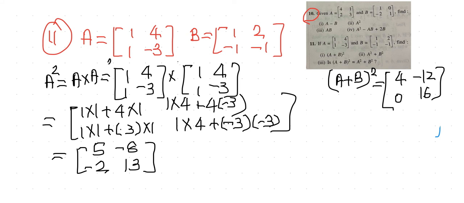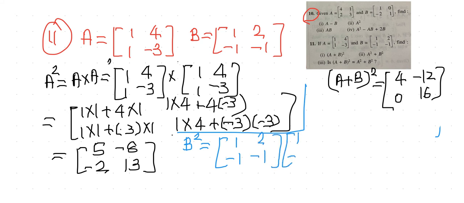And now we'll be moving to b square. So I'll be writing here with another pen, children. So b square will be basically equal to 1 minus 1 and 2 minus 1. So I'll be just multiplying both of them in short, children. So now what I'll be getting, 1 into 1 is 1 plus 2 into minus 1 is minus 2.